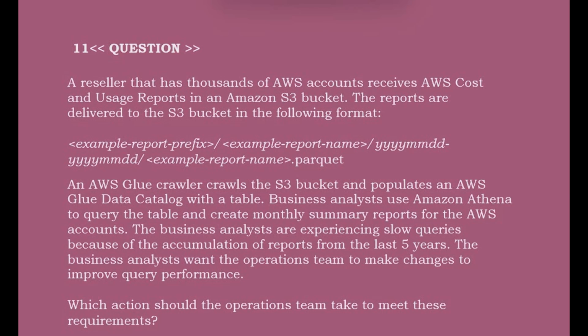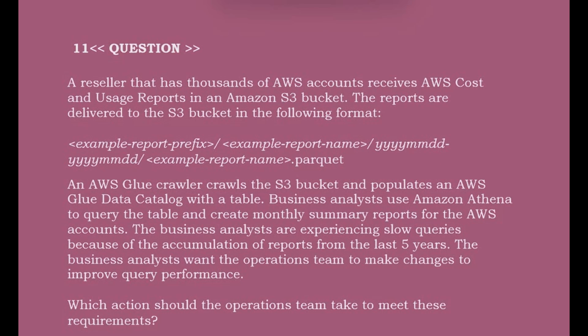An AWS Glue crawler crawls the S3 bucket and populates an AWS Glue Data Catalog with a table. Business analysts use Amazon Athena to query the table and create monthly summary reports for the AWS accounts. The business analysts are experiencing slow queries because of the accumulation of reports from the last 5 years.